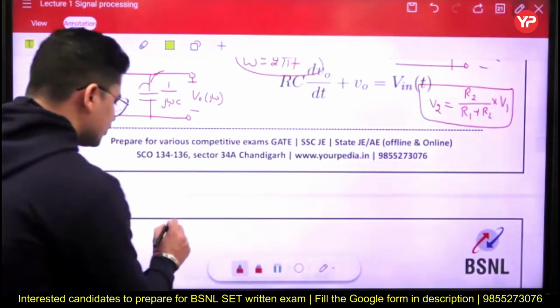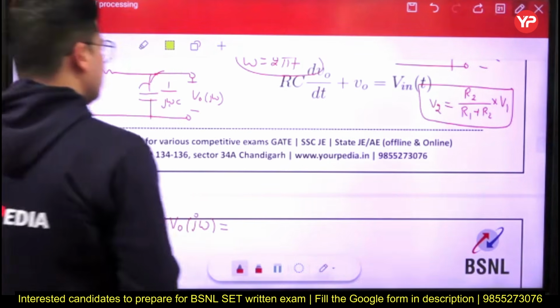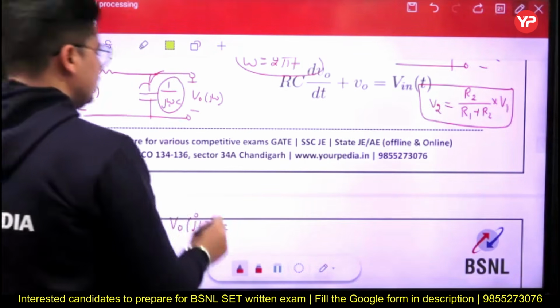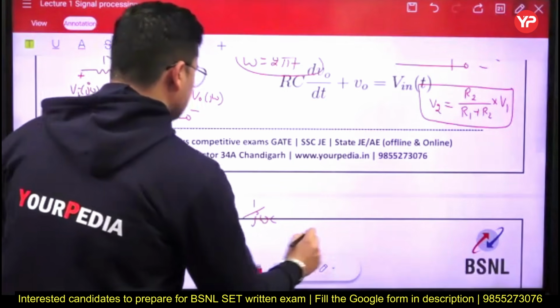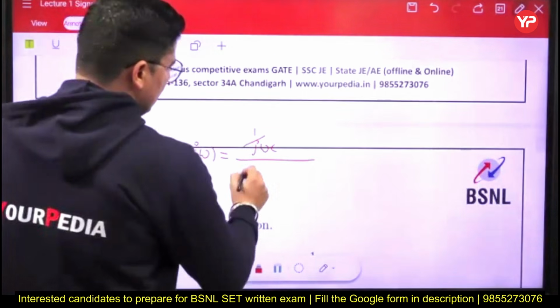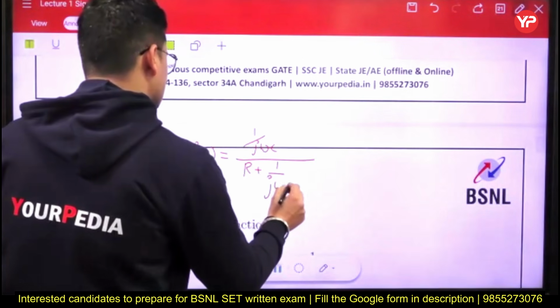The voltage across this, V out of jω, will have 1/jωC in the numerator, divided by R plus 1/jωC.